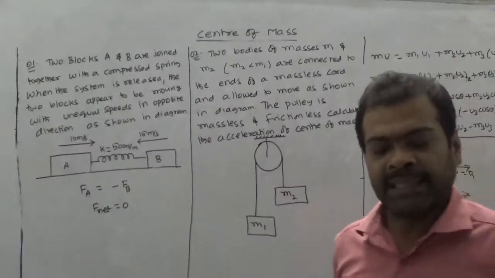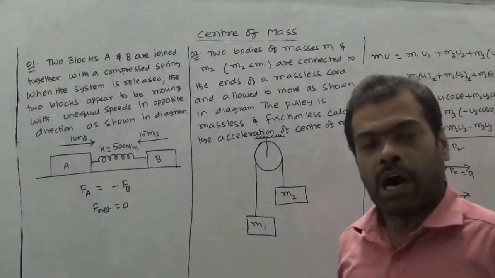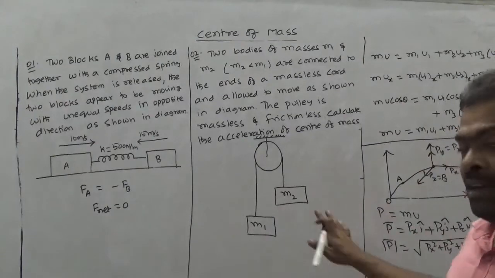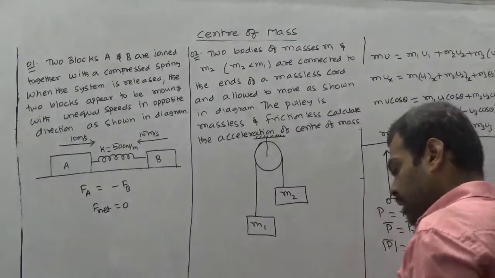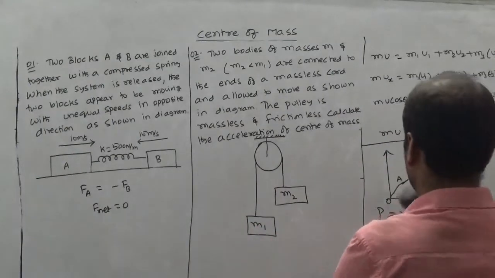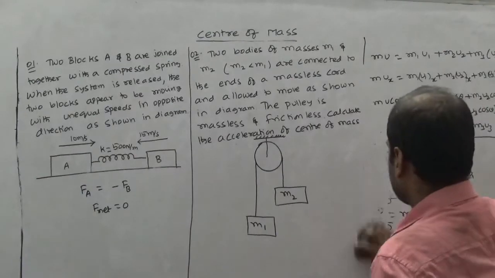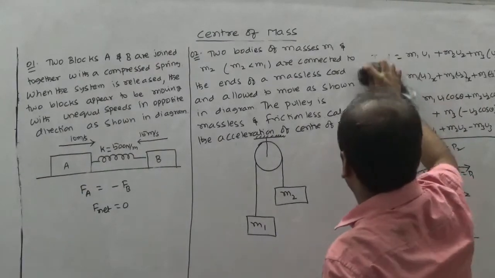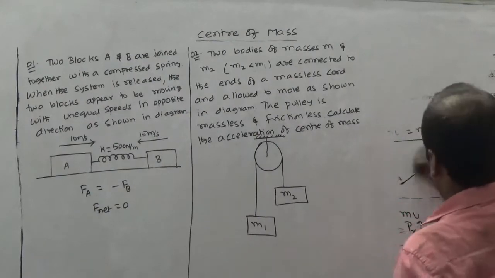My sincere advice to all the students, either engineering stream or medical stream, observe every diagram carefully. Here in this system, I want to find the acceleration of the center of mass.